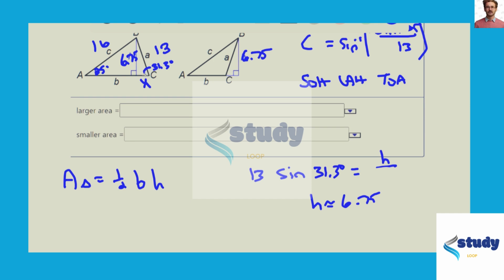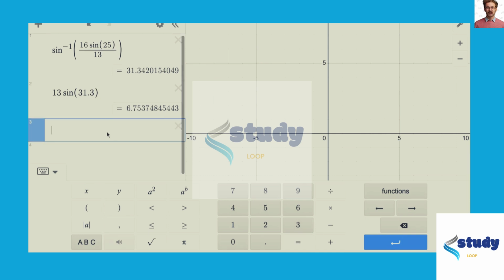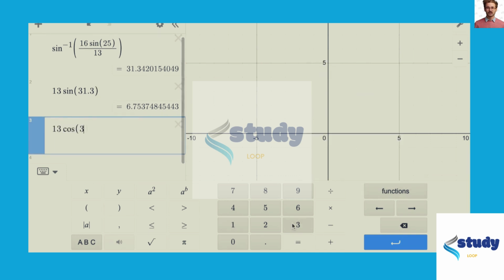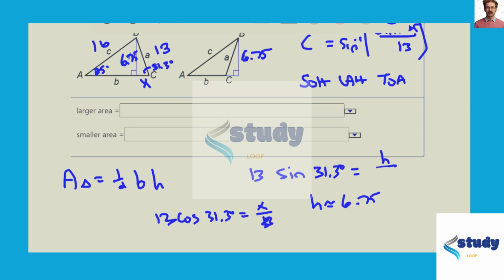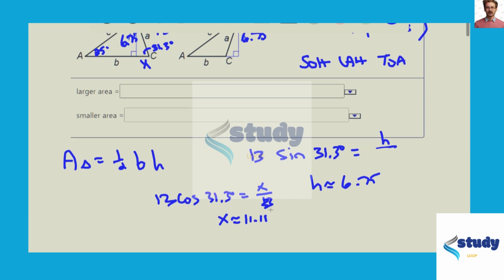I'm going to say the cosine of 31.3 degrees is equal to x over 13, so it's 13 times the cosine of 31.3 degrees, which is about 11.11. I don't know how you need to be rounding here or what your choices are, but hopefully they'll get close to it.